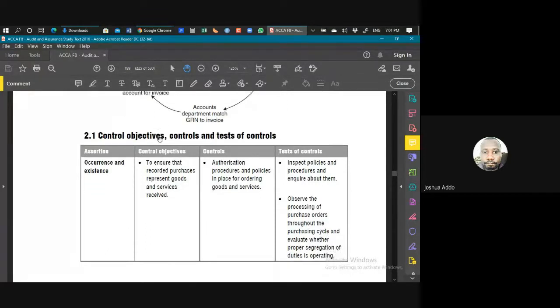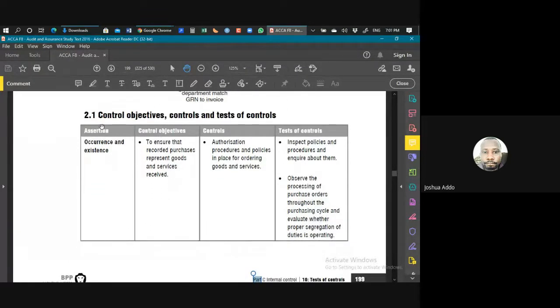The things that we want to achieve are what we call the control objectives. We want to ensure that all recorded purchases represent goods and services actually received, and that no purchases are recorded erroneously or fraudulently.